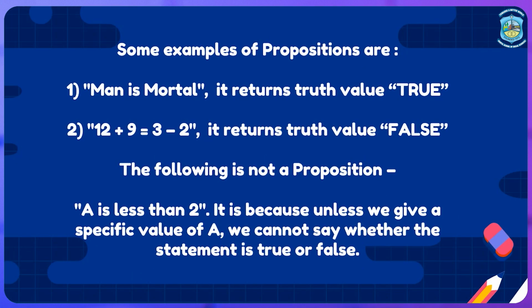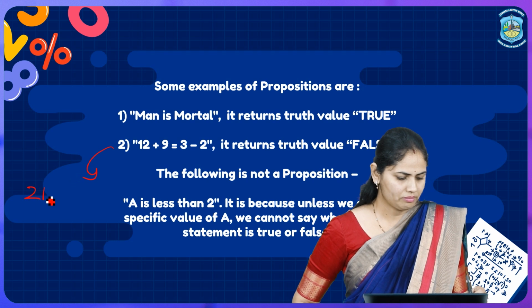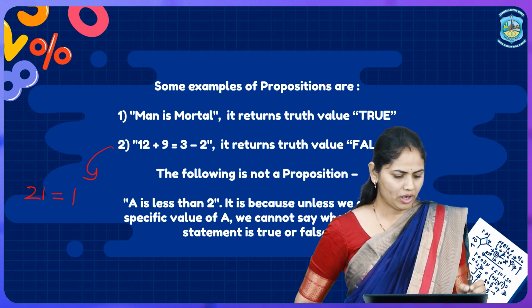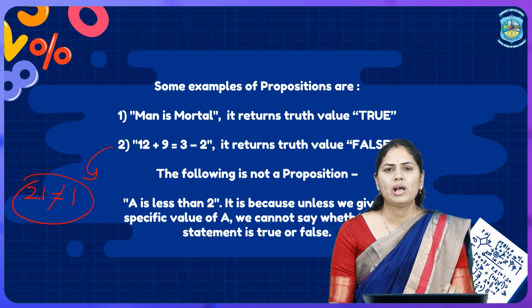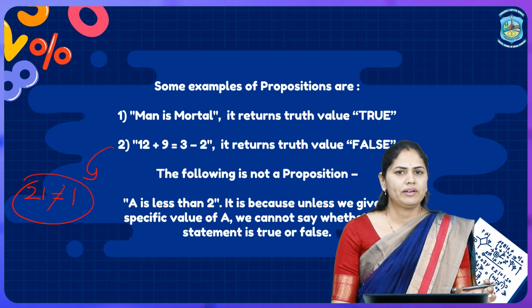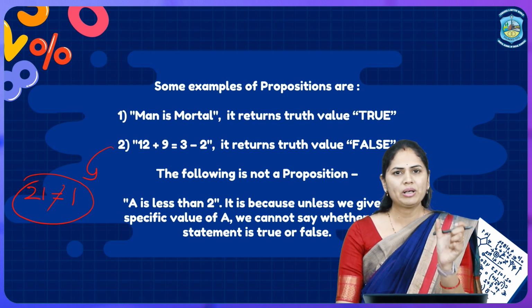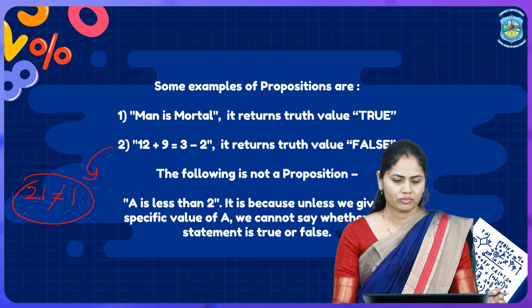Now, when we add 12 plus 9, we will get 21 and 3 minus 2 is 1. So, when we equate both, 21 is equal to 1. Both are not equal. So, hence it returns truth value as false. When we check the validity of this mathematical statement, its truth value is false.